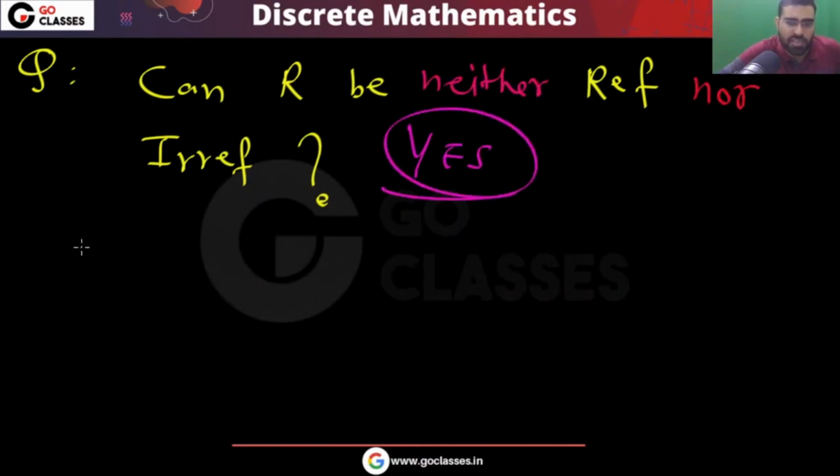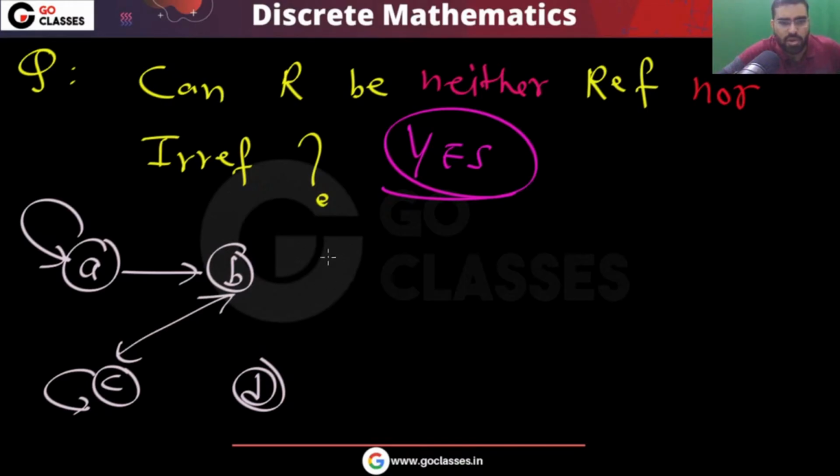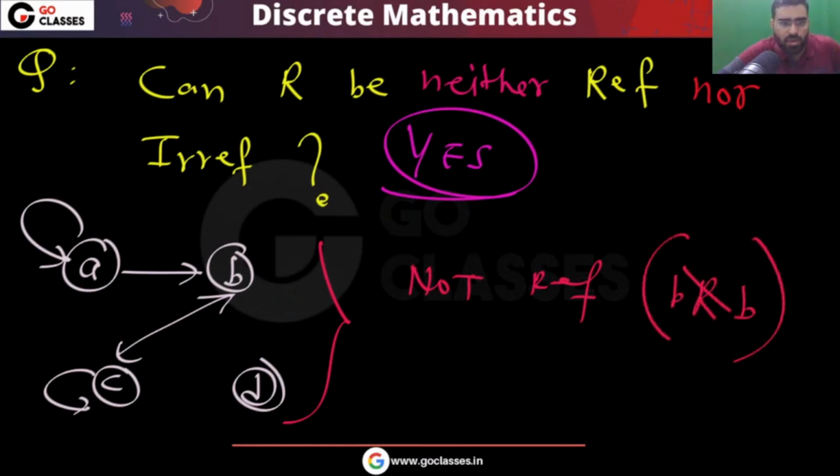For example, consider this example with A, B, C, D. Let me assume that you have this type of relation. Now you can easily see that this is not reflexive, because B is not related to B. And this is not irreflexive, because A is related to A.